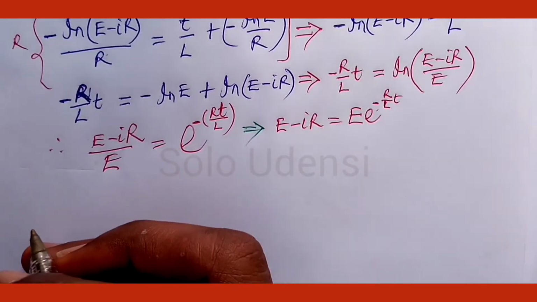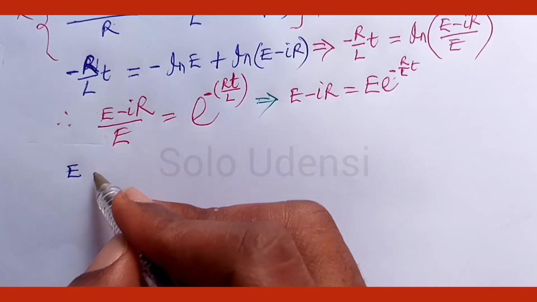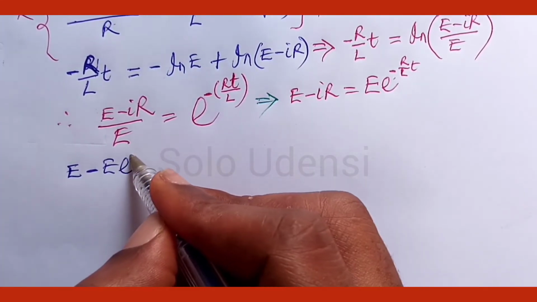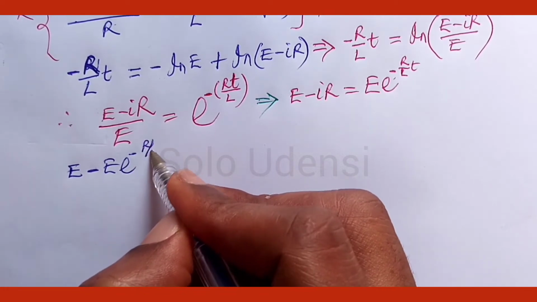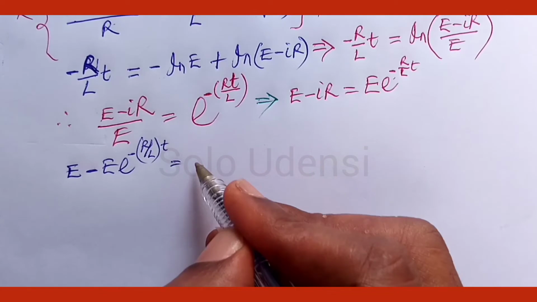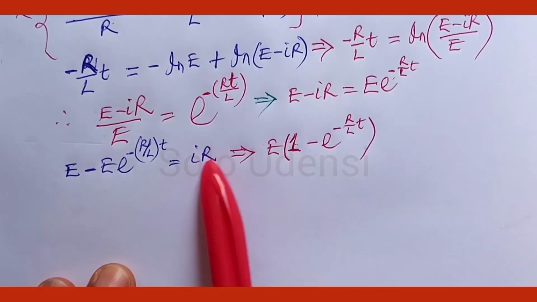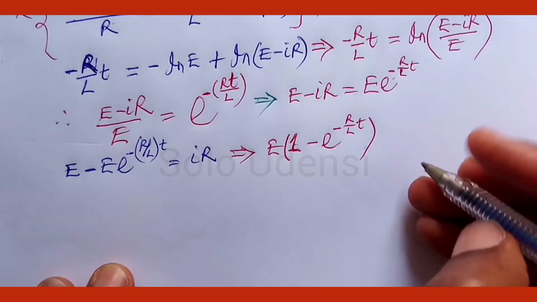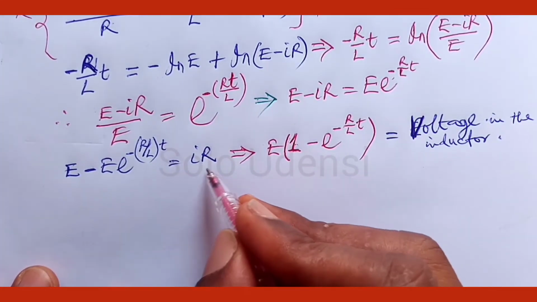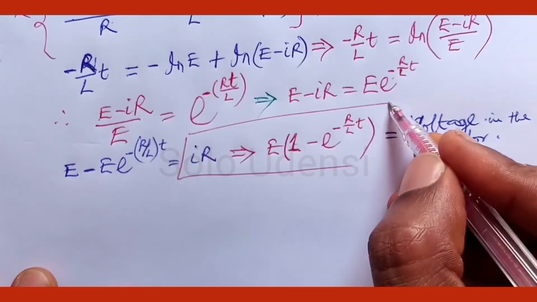We have that E minus E exponential minus R over L times time is equal to IR. IR is equal to the voltage in the inductor. The current in the inductor can be derived from here.